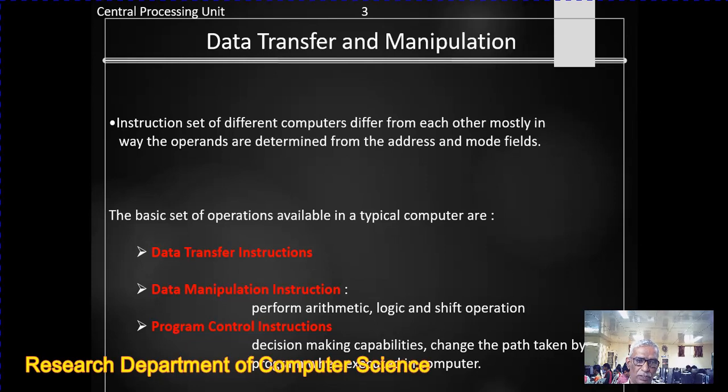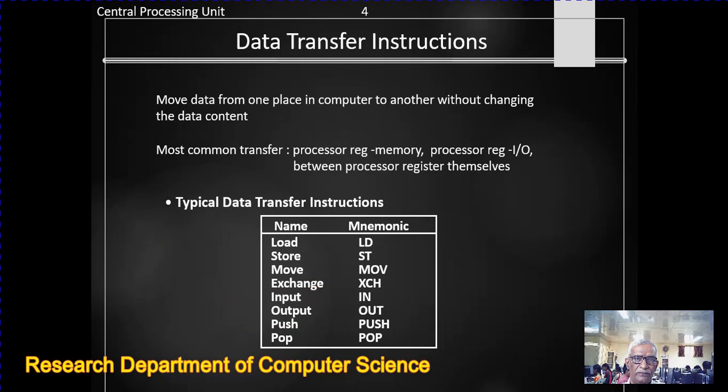And the last one, program control instructions, provide decision-making capabilities and change the path taken by the program when executed in computers.